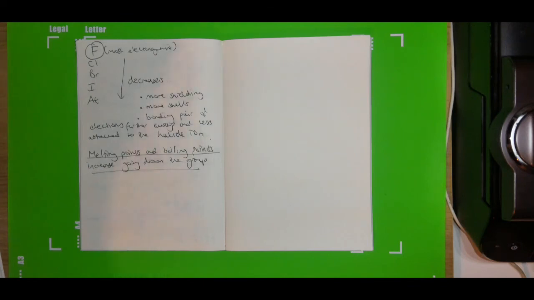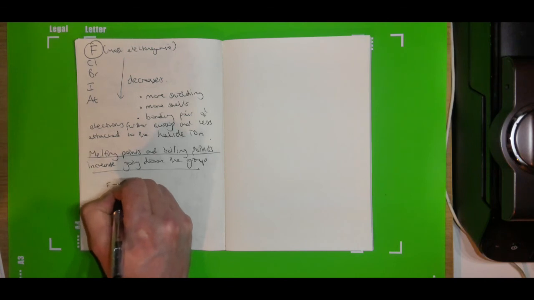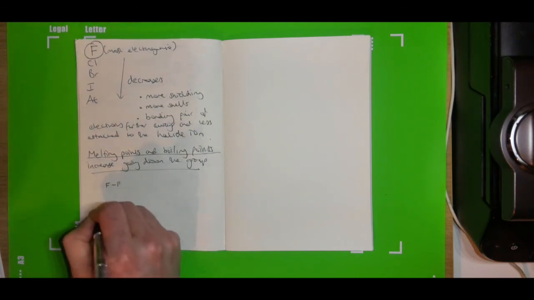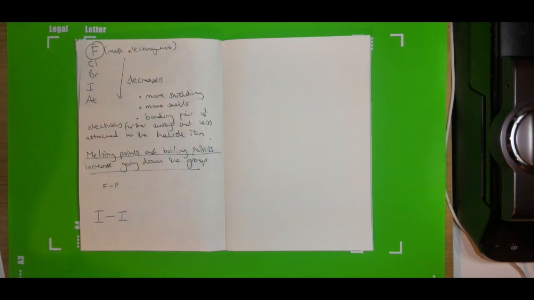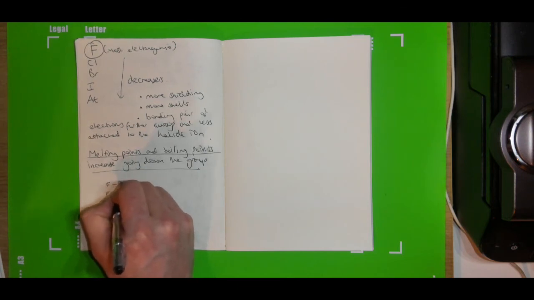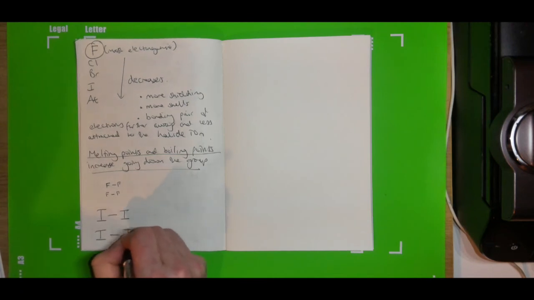Let's have a look at why that is. And in doing that, what I'm going to do is draw a fluorine molecule and draw an iodine molecule. So here's a tiny fluorine molecule and here's a really large iodine molecule. Let's draw another fluorine molecule next to this, and another iodine molecule next to that one.